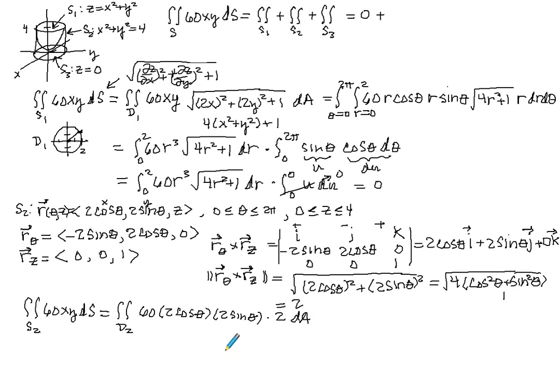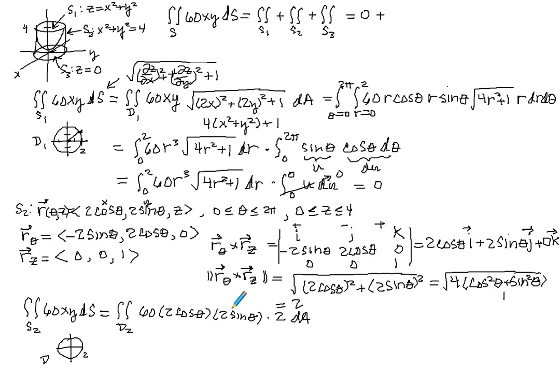Alright, so our domain here, if we draw our domain D2, it's still that circle of radius 2. And this domain is nice in polar coordinates, and our x and y are already written in terms of theta.